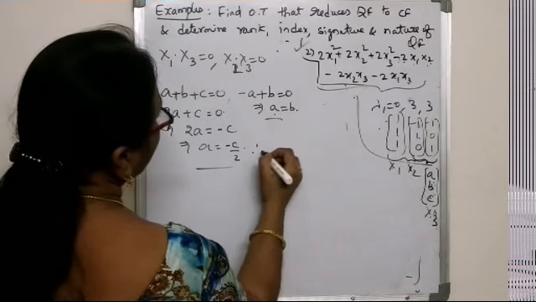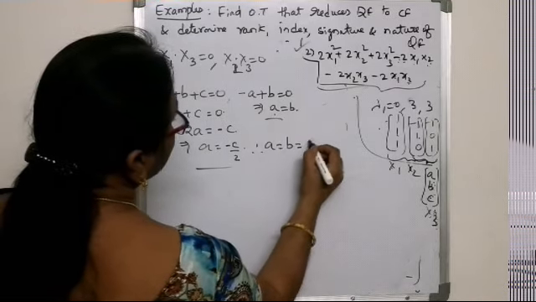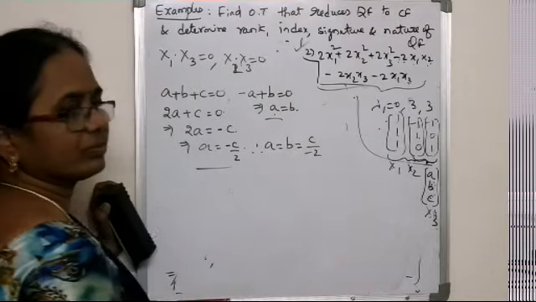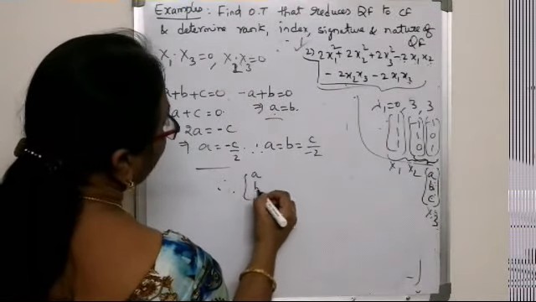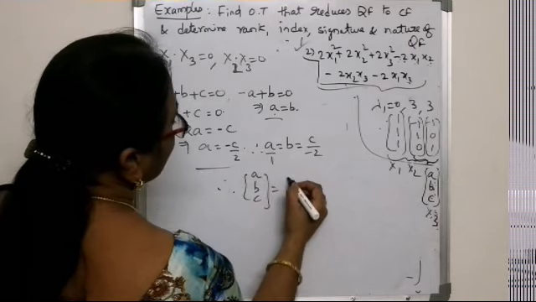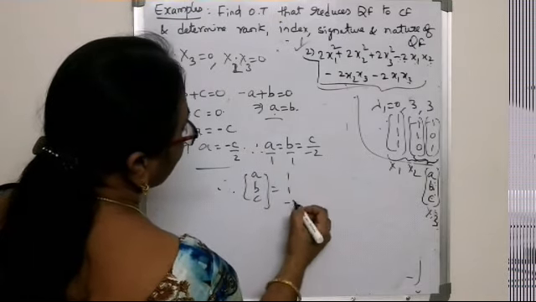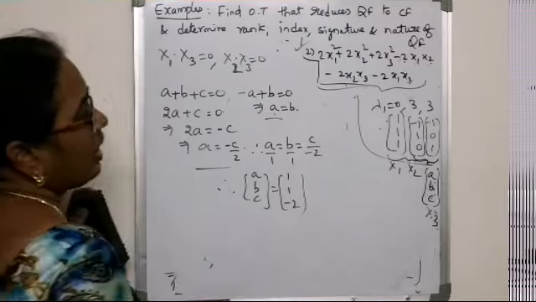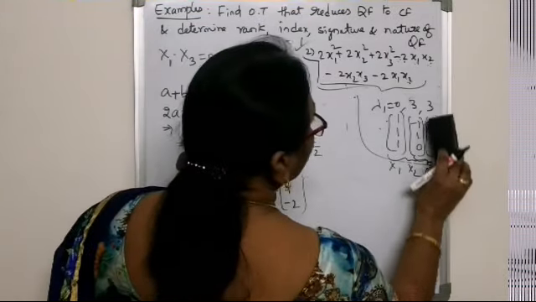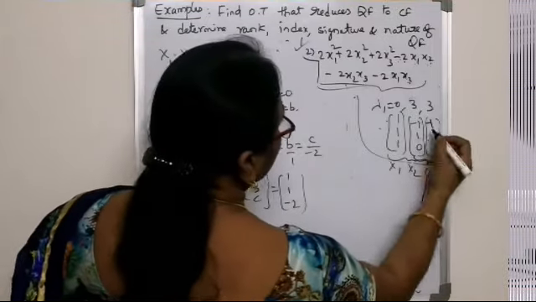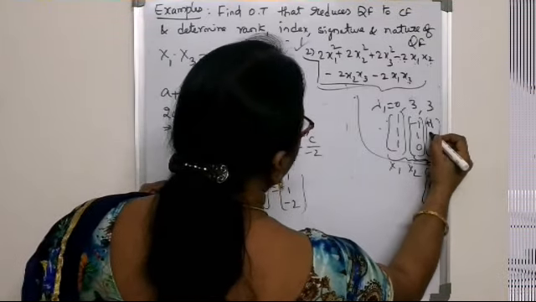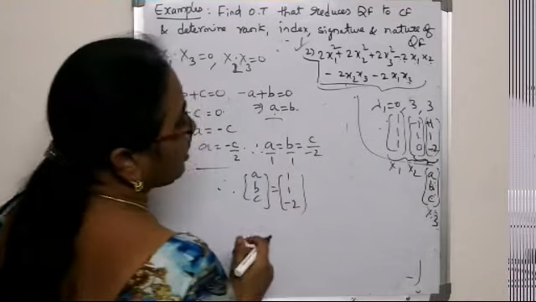From the two equations we can write a is equal to b is equal to c by -2. Therefore we get the column (a, b, c) with a is 1, b is 1 and c is equal to -2. And this we take as the new eigenvector x3 instead of the previous eigenvector. It is (1, 1, -2).